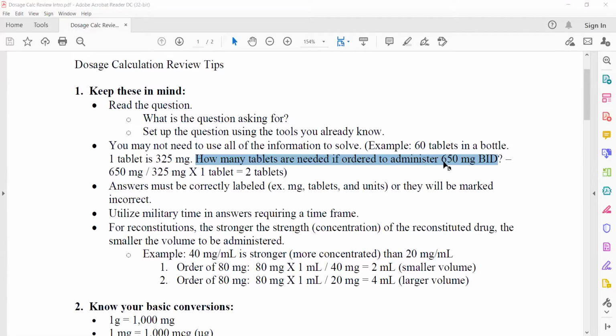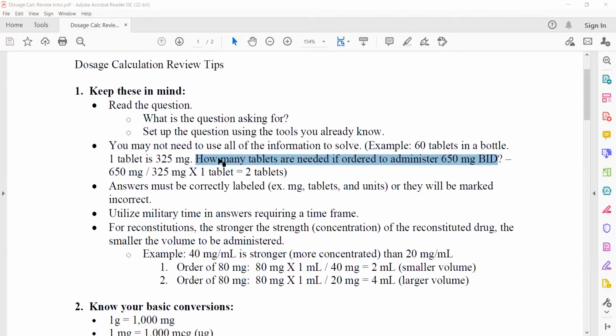But 650 milligrams BID. Now, this doesn't tell you specifically, are they looking for how many tablets would you give per dose, or how many tablets would you give per day? And that is something that sometimes you have to figure out.